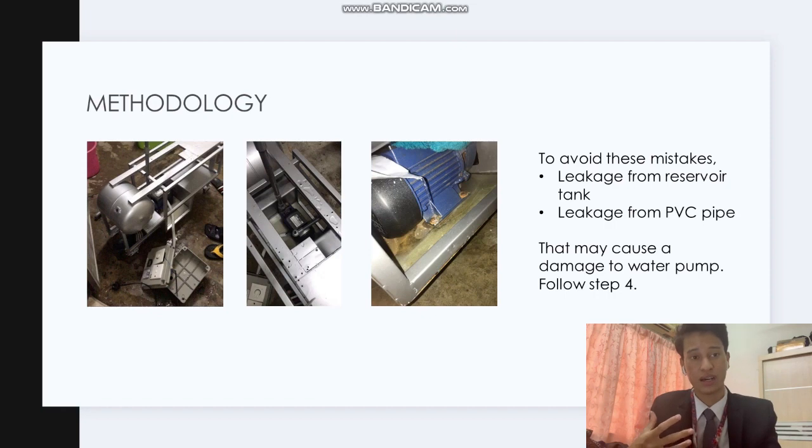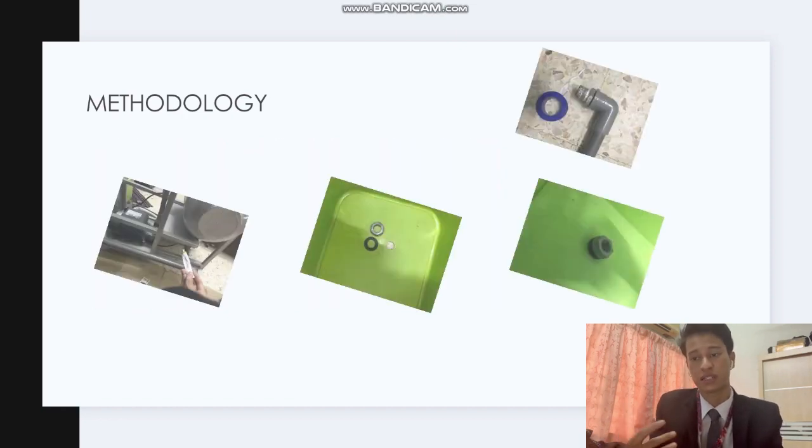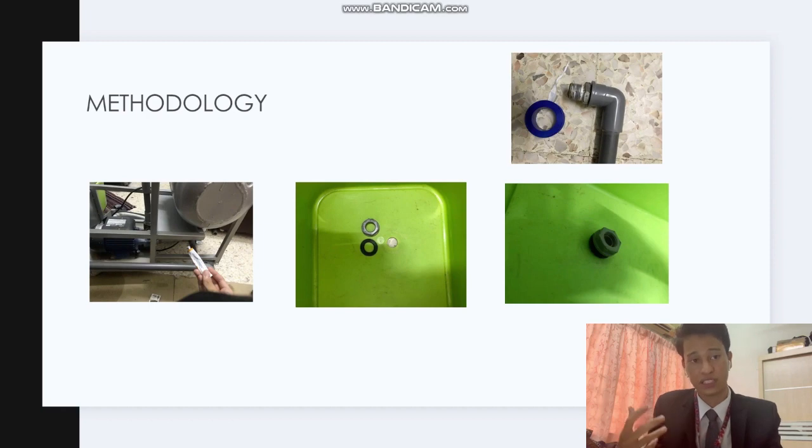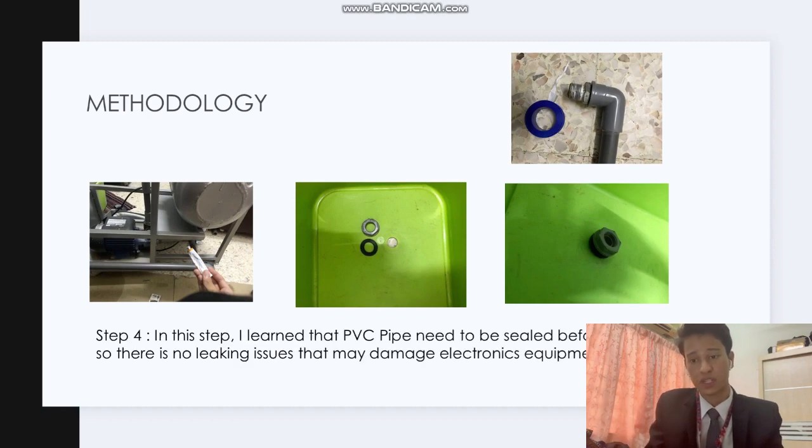The water pump must not be exposed to water, or that will cause damage. So we need to follow step 4 to prevent this fault and error. So, step 4.